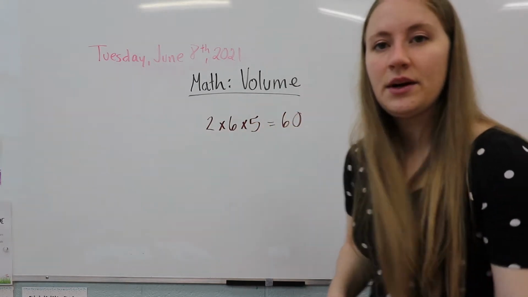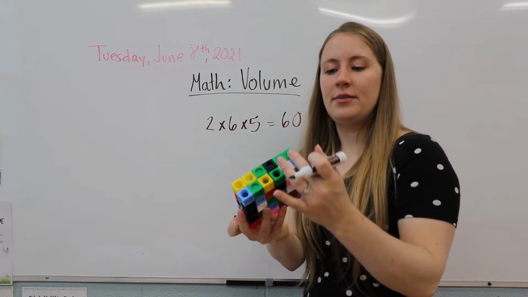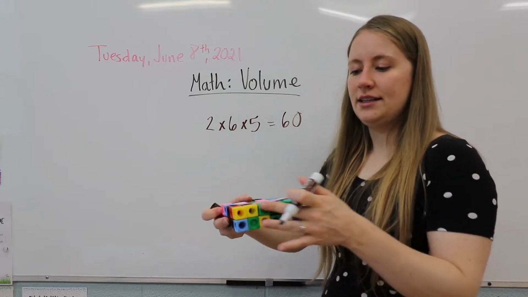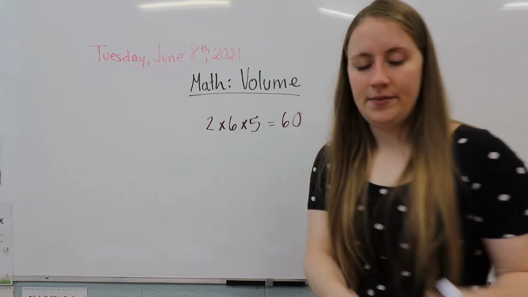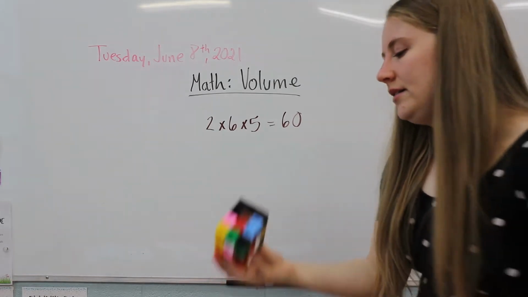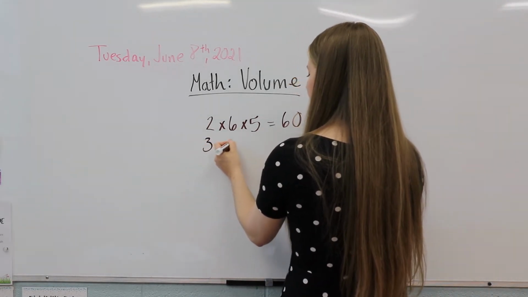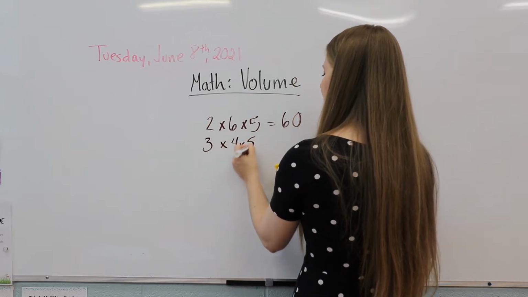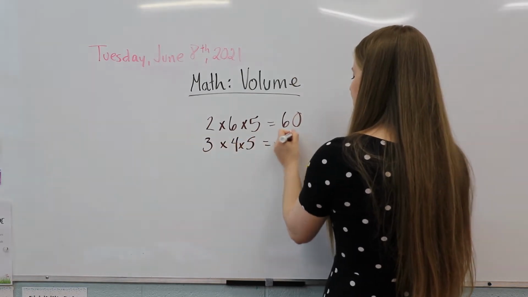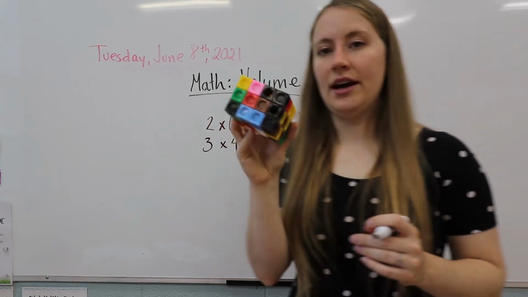So that's for this one, okay? So I have my 2 times 6 times 5, okay? Or this one would be 3 times 4 times 5, which also equals 60, okay?